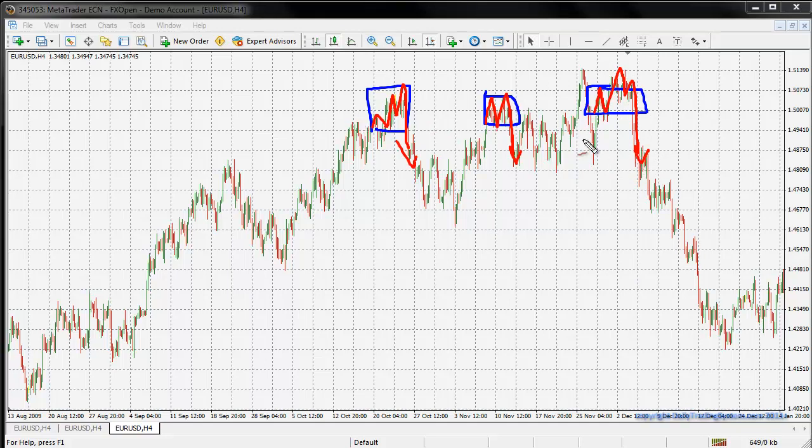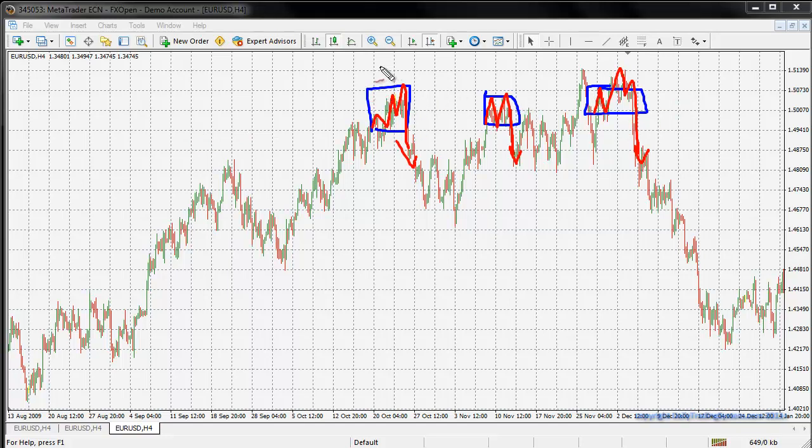Now if you make the assumption that it broke above and you go long, I would be extra cautious, because these here are essentially tops, where the market would not go up any higher. When these tops are formed, they are referred to as a double top or triple top.